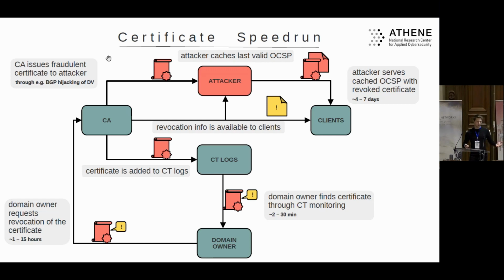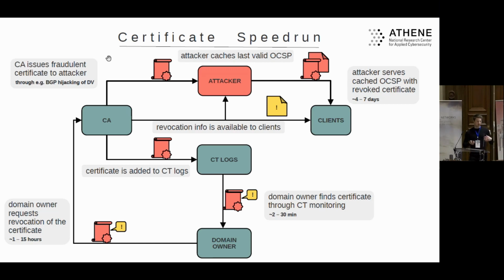The main problem with this is that the lifetime of these OCSP responses is, for most CAs, 7 days. So for 7 out of the 9 CAs that we looked at, the lifetime is 7 days, which means this can be used to extend the lifetime of the certificate. Even if we detect the certificate very quickly and revoke it very quickly, the attacker can still use the certificate fully valid for 7 days.